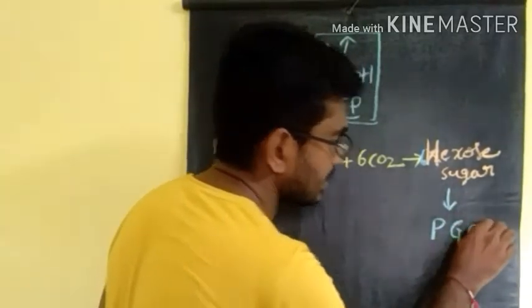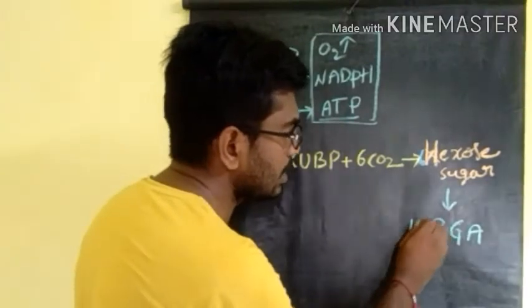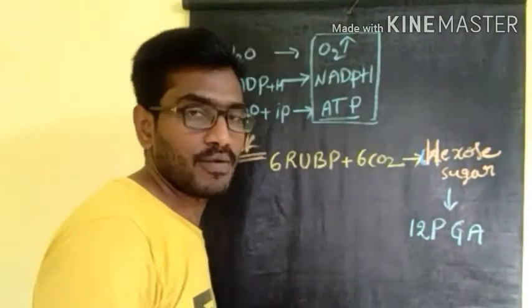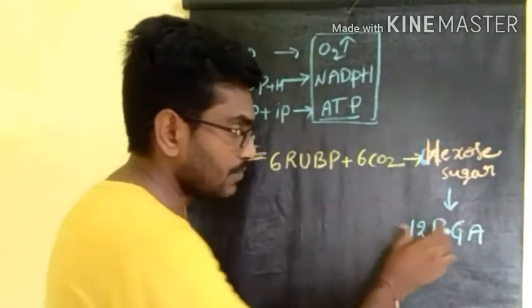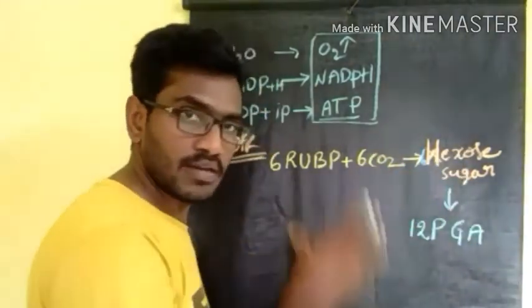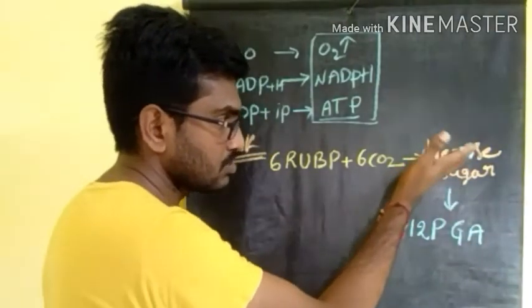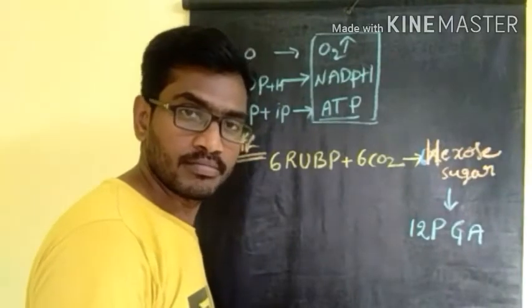About 12 phosphoglyceric acid molecules will form from 6 molecules of hexose sugar.